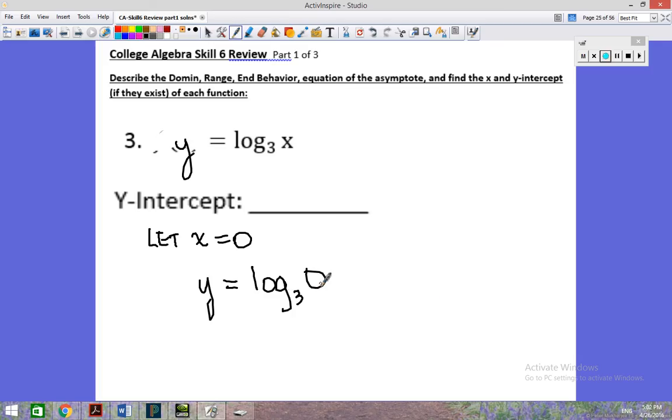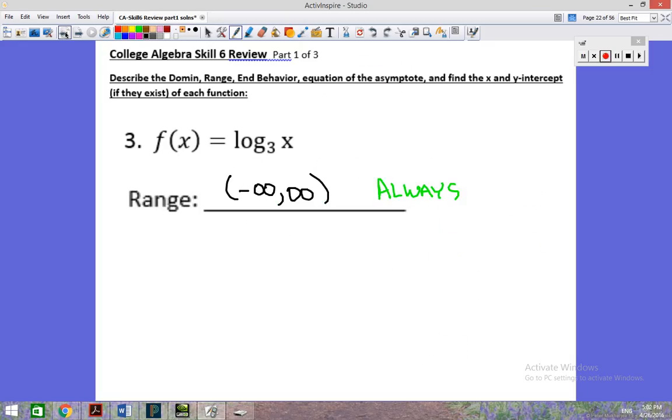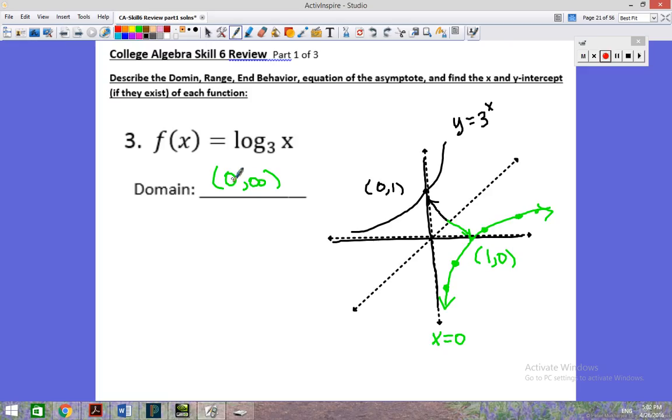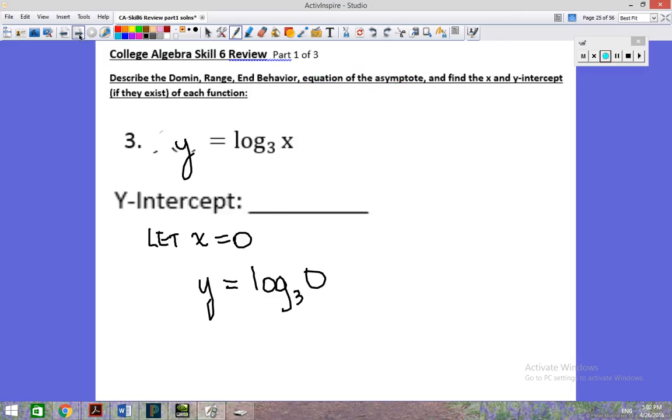The domain of the logarithm had values of x that were bigger than 0. Go back and look at that. Bigger than 0. So you can't take the log of 0. So this is undefined. There is no y-intercept.